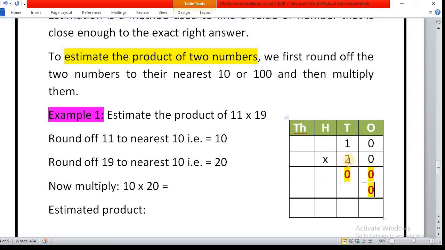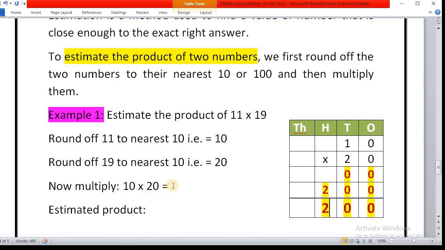In third step, I'll multiply 2 with 0 in ones place. 2 zeros are 0. And in fourth step, I'll multiply 2 with 1 in tens place. 2 ones are 2. So, 0 plus 0 will be 0. 0 plus 0 will be 0. And here it will become 2.